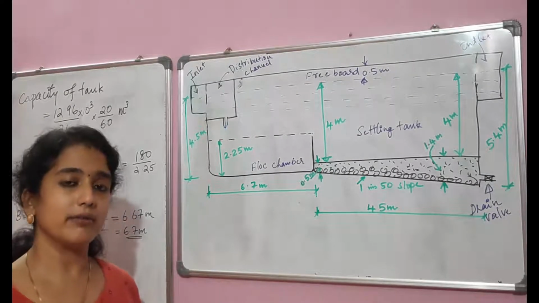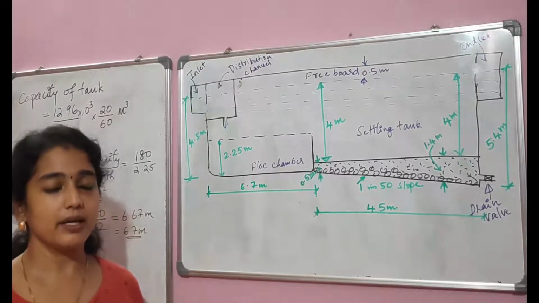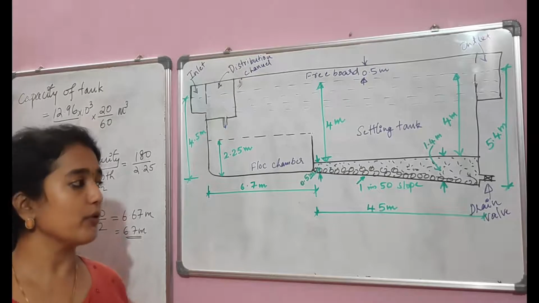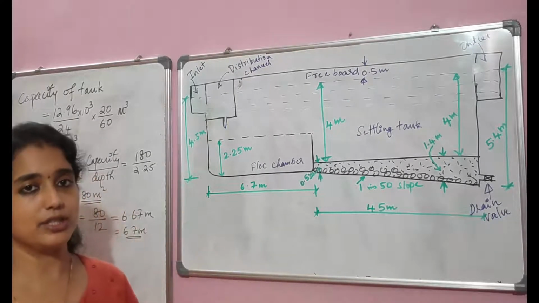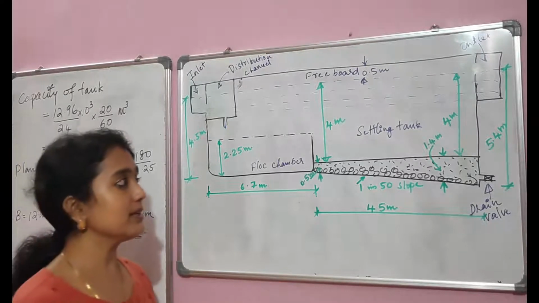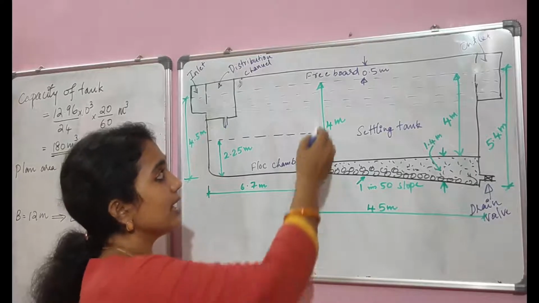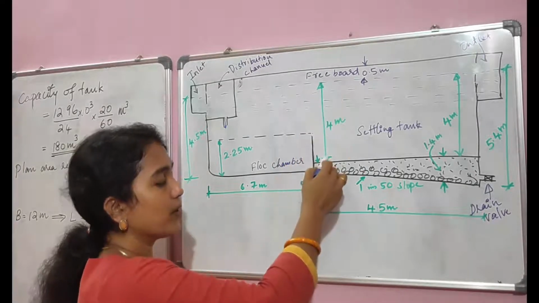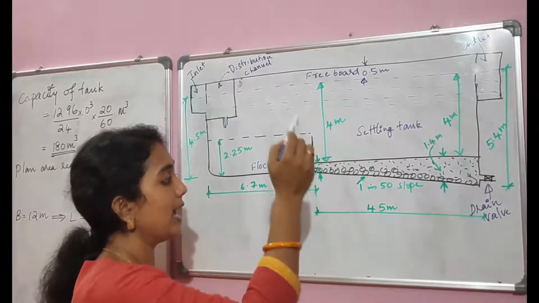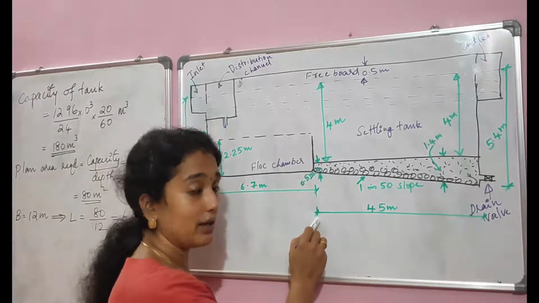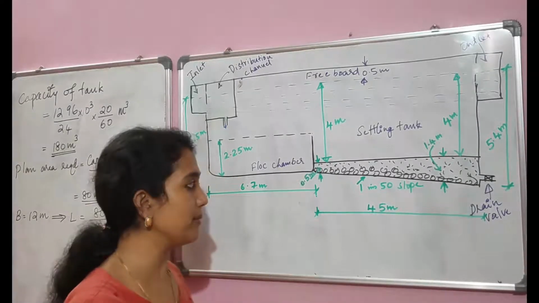And already we have completed the design of the settling tank or sedimentation tank. Now we have to move on to the sketching of the sedimentation cum coagulation tank. First we designed the settling tank with an assumed water depth of 4 meter at the starting end, and we have calculated the length of the sedimentation tank as 45 meter.